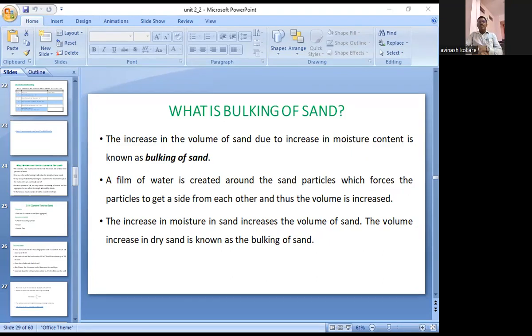What are these additives? We are also adding admixtures into the concrete, which we are going to learn in unit number 2. So unit number 1 is the basics that you have learned in concrete technology.